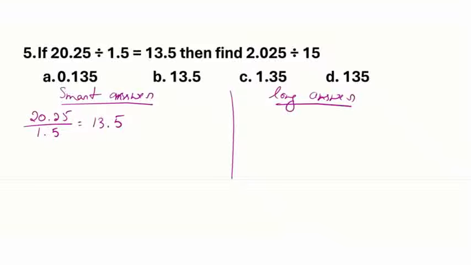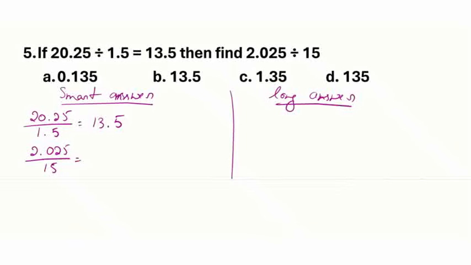If 20.25 by 1.5 makes 13.5, then find 2.025 by 15. Let me teach you smartly. It's a trick I've been using since long. This is not applicable to all questions. There are a few exceptions also. In that case, I will teach you if such questions come.